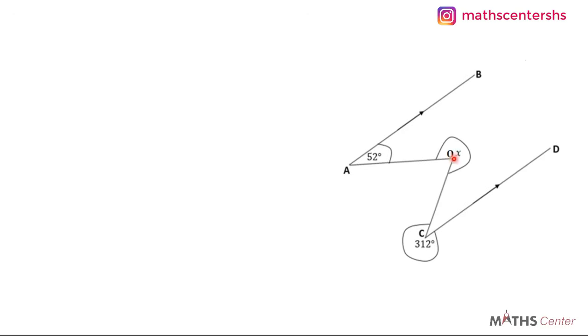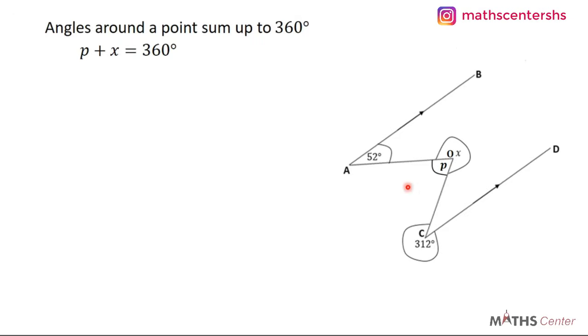We are going to call this point here point O, as I have here. Then we bring another variable which will cater for the inner angle. We are going to call that P. Because we have parallel lines here, and the transversals do not continue to the other side of the parallel line, as we did in the other video, we are going to bring an alternate, imaginary parallel line.